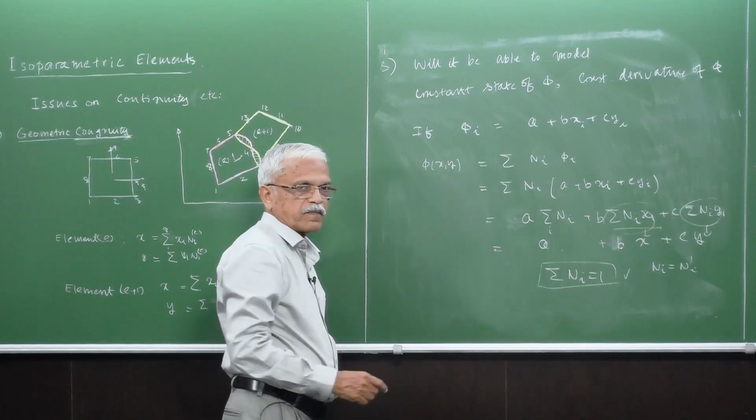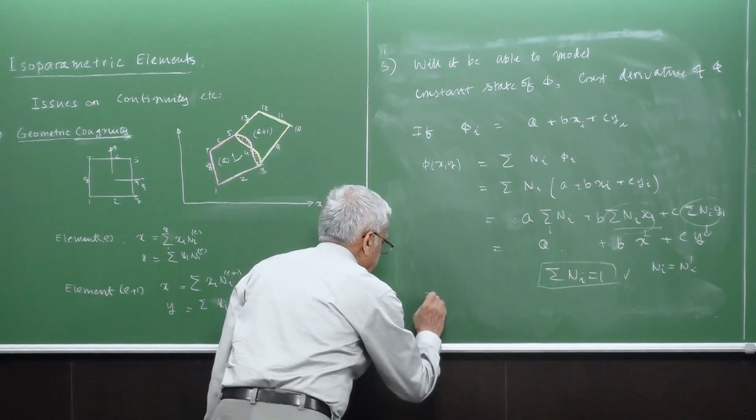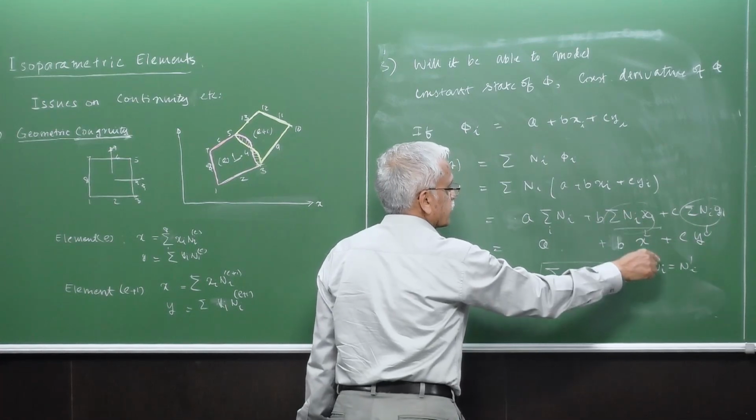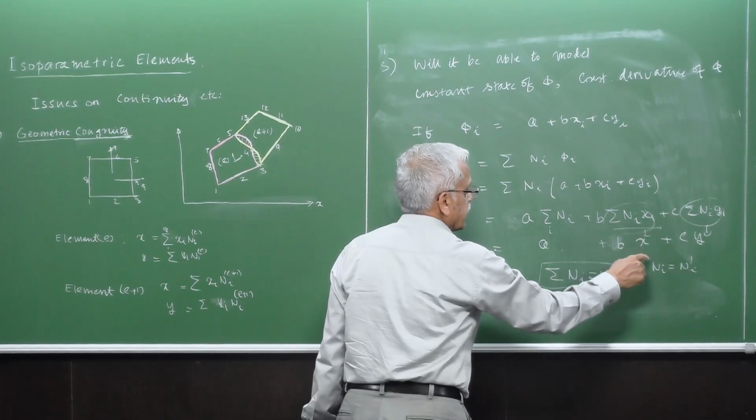So for the isoparametric element, we have used the same shape functions Ni for Ni prime, and it led to x.